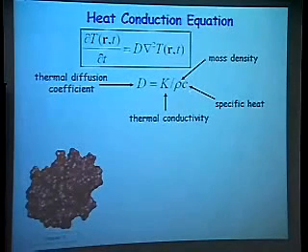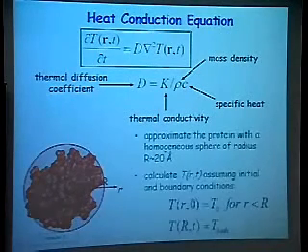And then we also have the specific heat, which we have to calculate, and we know how to calculate it from the fluctuations of the total energy of a protein. This is an exercise which we are going to solve in one of the hands-on sessions.